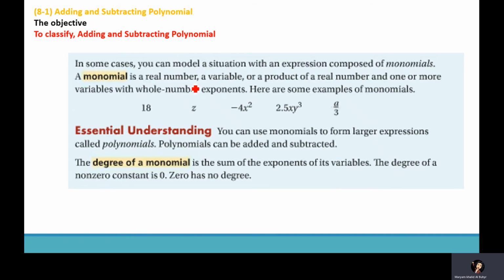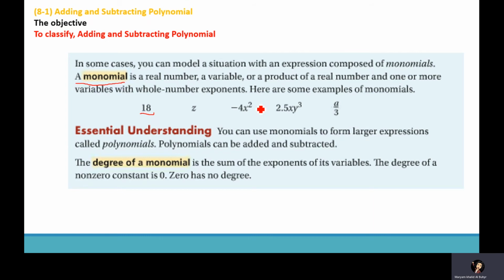Let's see, we have many kinds of polynomial. One kind of polynomial is the monomial. A monomial is a real number, a variable, or a product of a real number and one or more variables. I mean, it's like one term.